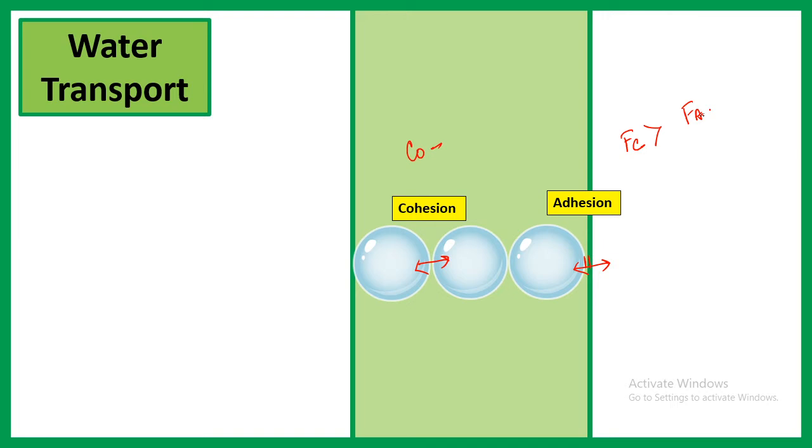As Fc is higher than Fa, the water molecule as a whole, and there are so many other water molecules below here, these water molecules in a closely compact manner form a water column. Now this water column moves up very swiftly because adhesion force is less than cohesion force. So water moves as a strong water column. So this is the role of adhesion force and cohesion force. I hope you have understood the concept of adhesion force and cohesion force. Have you?